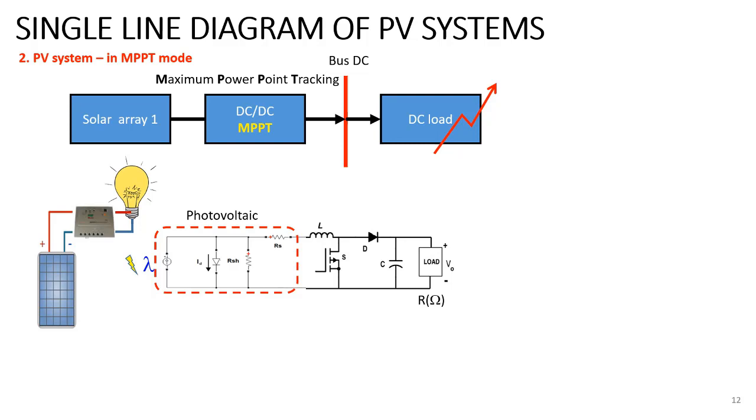However, in order to achieve the maximum output power from the PV system, according to the continuously changing solar irradiance, we need to use a controllable DC-DC converter as the maximum power point tracking, as shown in the diagram. The total power consumed by the load is less than or equal to the power produced by the PV.